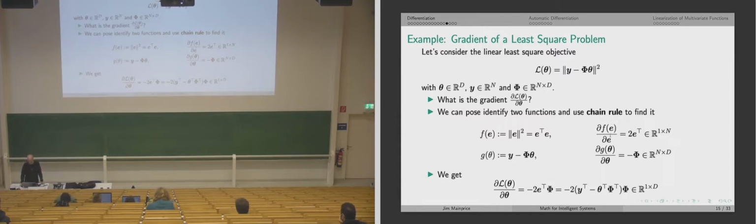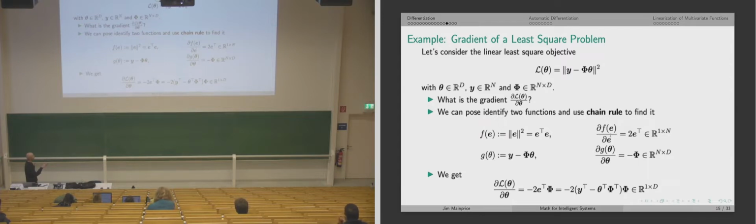Okay. But actually, it's not exactly the pseudo-inverse, it's the pseudo-inverse times y, right?